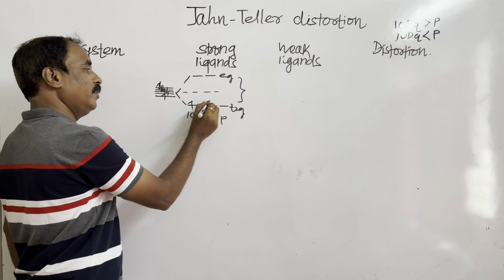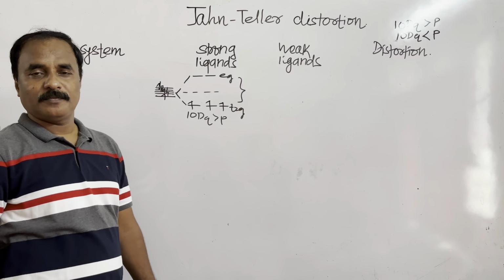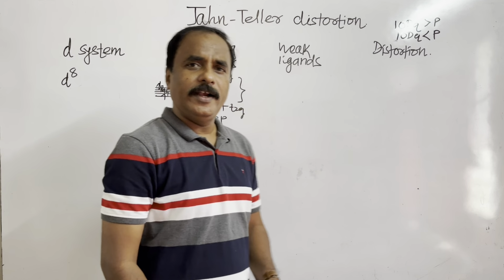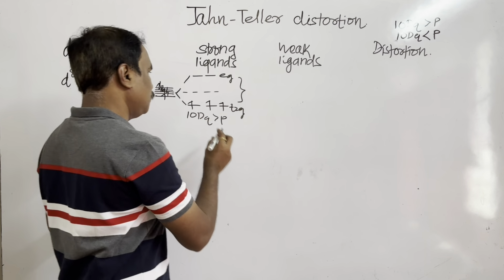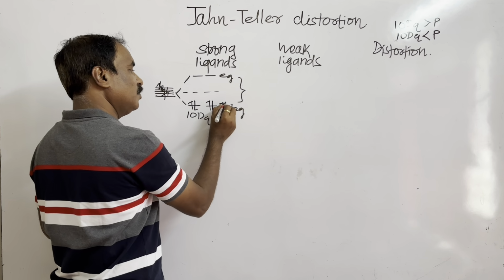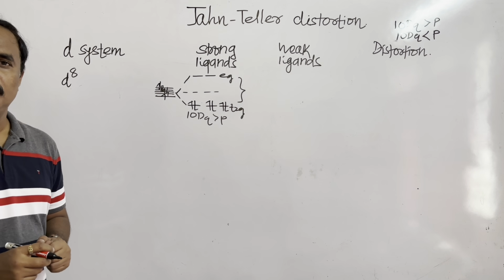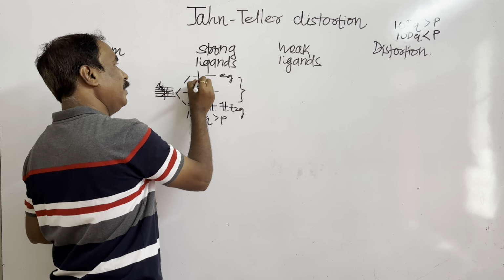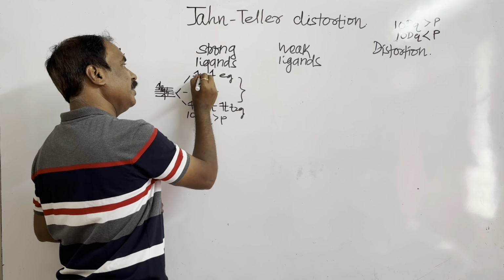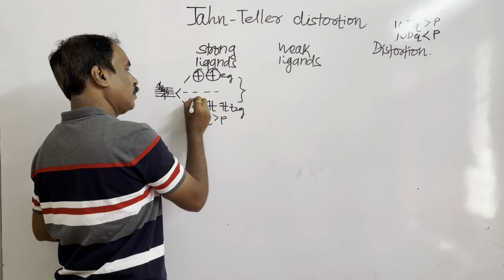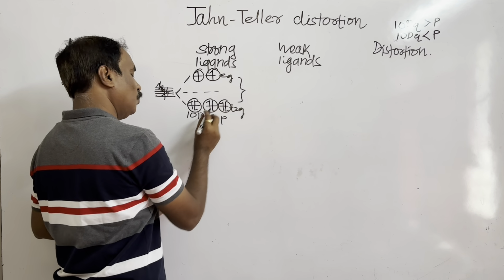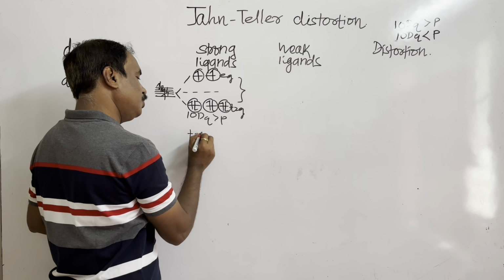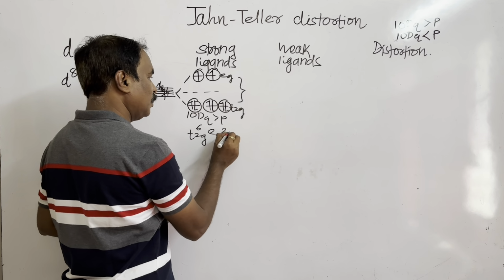First 3 electrons will enter in t2g. 10 Dq is more, so pairing of electrons in t2g. 4th, 5th, 6th. Now the position of the 7th electron: it will enter in eg and the 8th also in eg. Isn't it? So what is the electronic configuration? It is t2g6 and eg2.